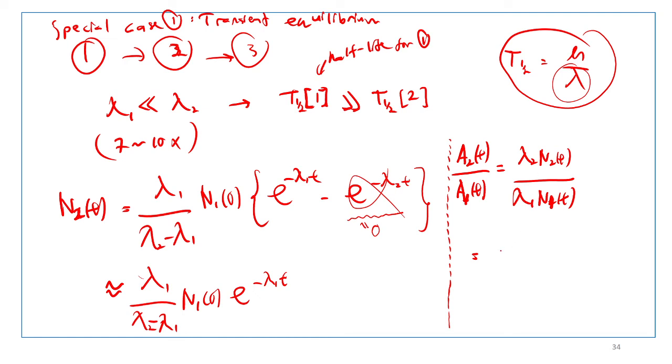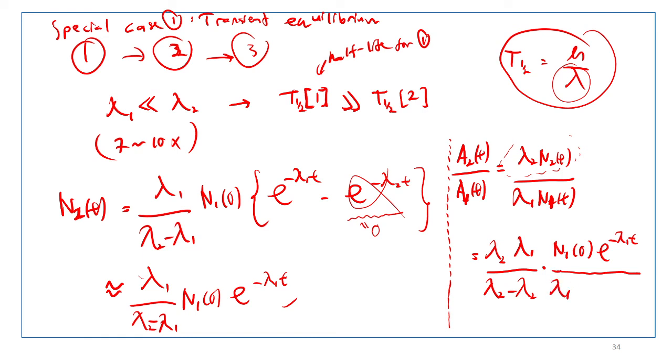Okay, so then the numerator is lambda 2 N2(t). N2(t) is this one, lambda 1 over lambda 2 minus lambda 1, and then N1(0) exponential minus lambda 1 t. So that accounts for the numerator, and the denominator is lambda 1 times N1(t).